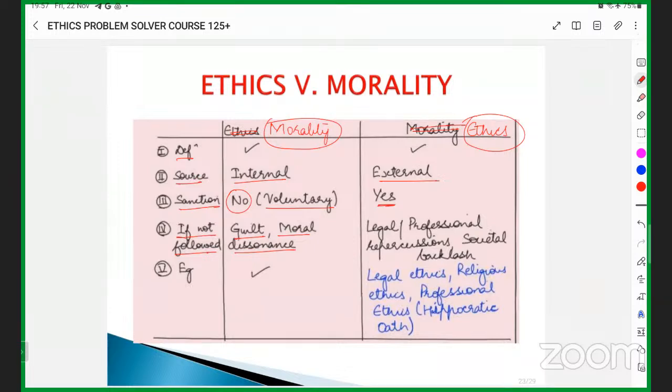But in case you do not follow the ethics, there could be legal or professional repercussions, and there could be societal backlash as well. Some examples of morality we just did, and the examples of ethics, as I told you, there could be legal ethics, religious ethics, professional ethics like the Hippocratic Oath in case of doctors.